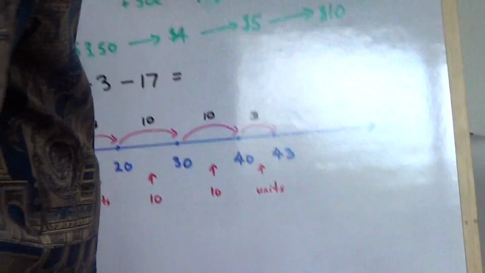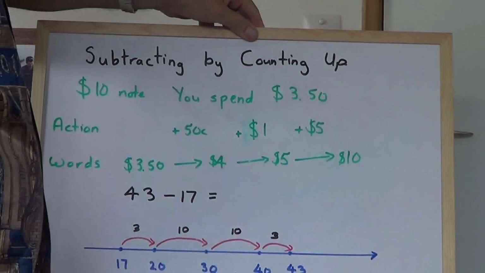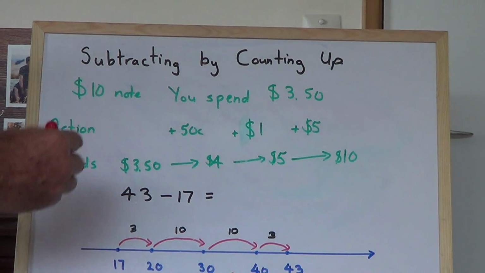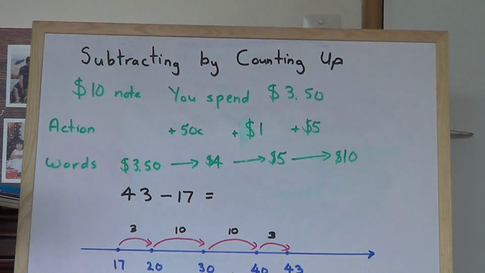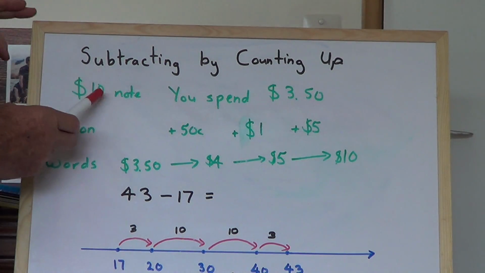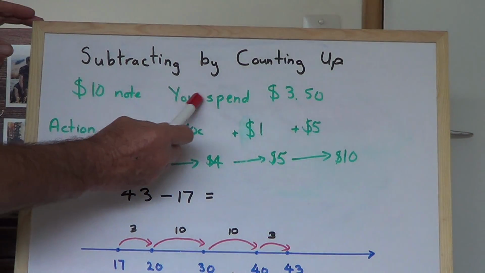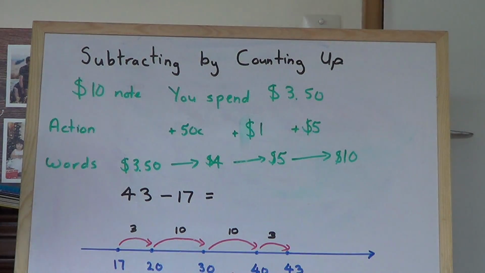Now, the next thing we're going to do is subtraction. We're going to do subtraction by counting up. Now, in the past, when we didn't have electronic tills, the shopkeepers used to count out the money. So if you went into a shop with a $10 note and you spent $3.50, this is what would happen.